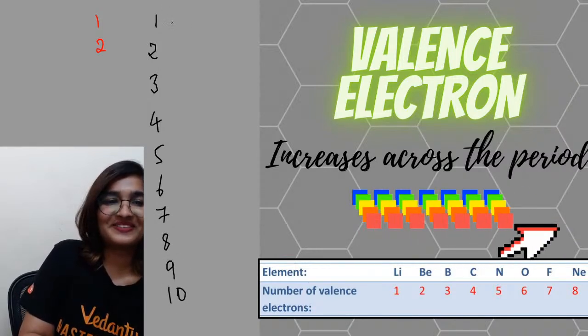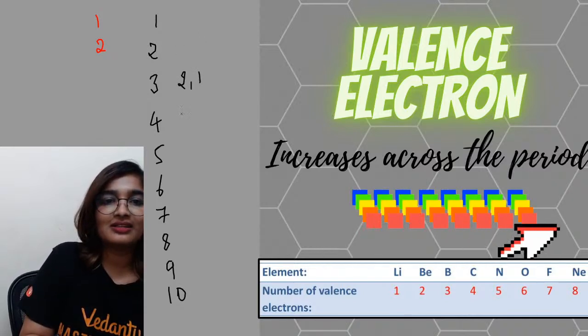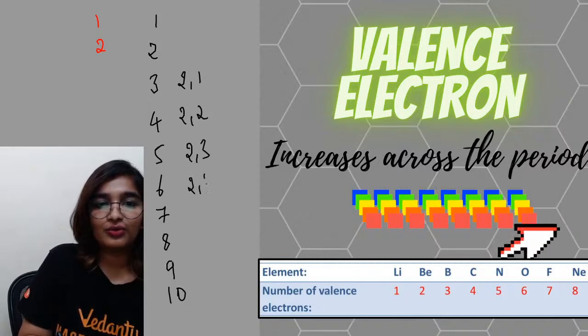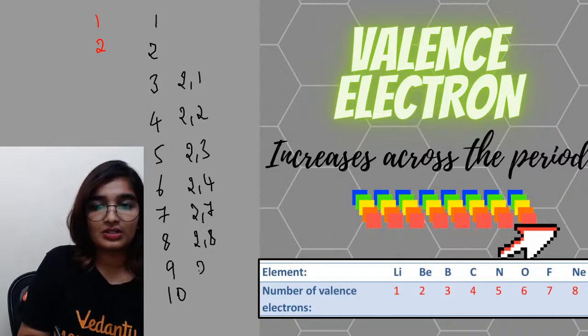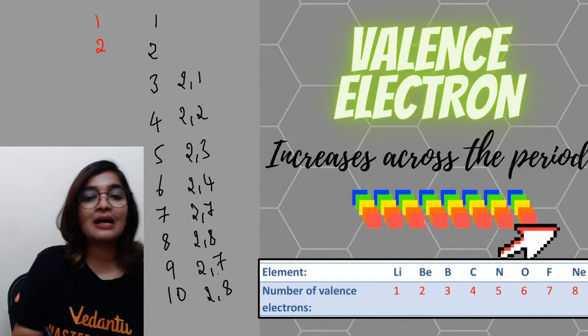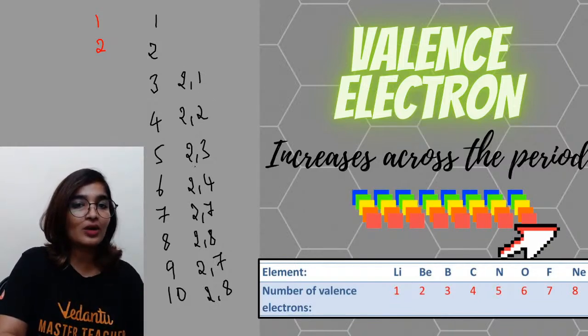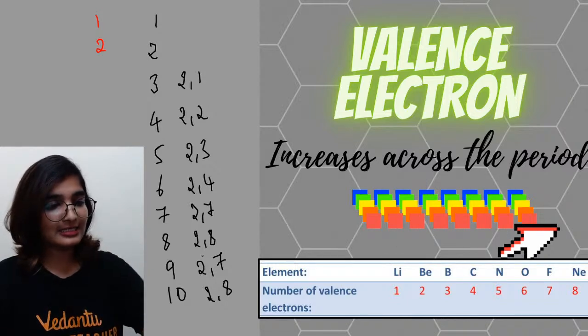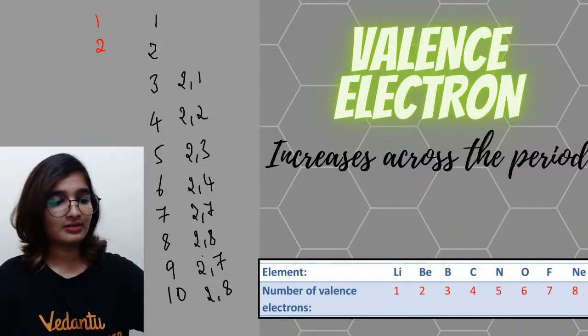So the electronic configuration is 1, 2, and then 2, 1, 2, 2, 3, 4. This is carbon, nitrogen, oxygen, fluorine, neon. So what is happening to the number of valence electrons? Only look at the last shell, people. Is the last shell increasing or not? Yes, for sure, no doubt in that.